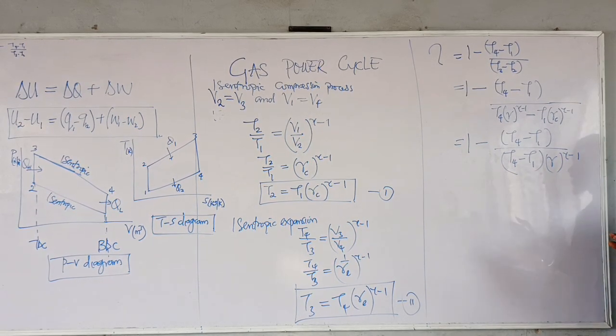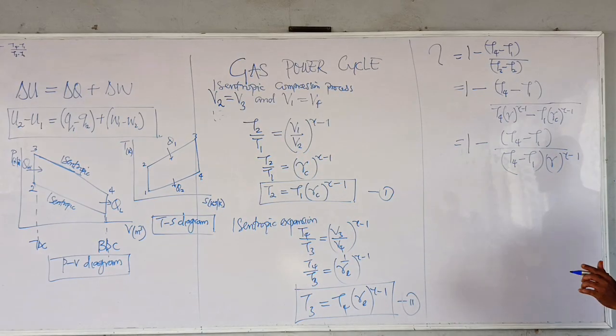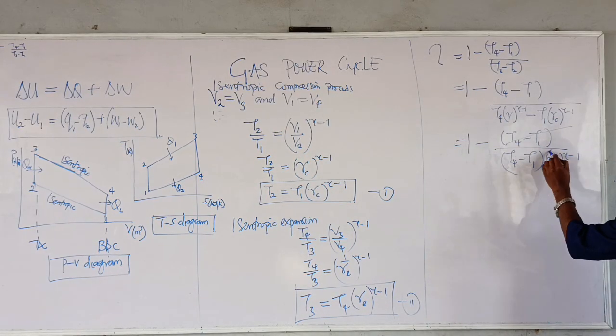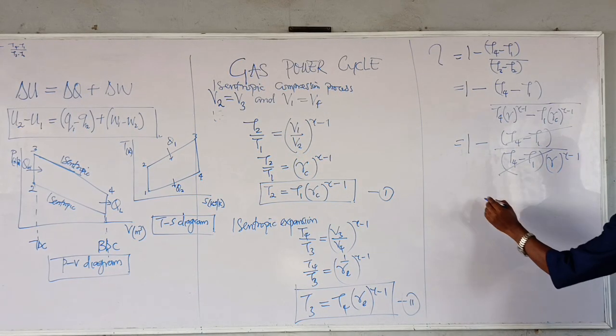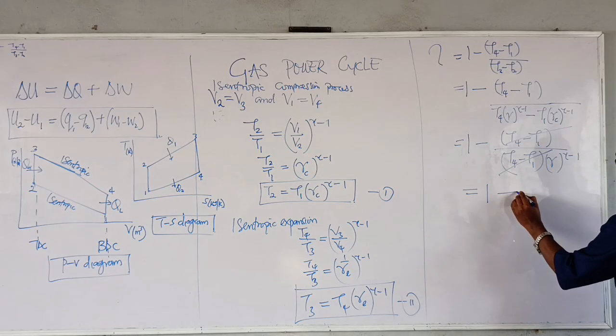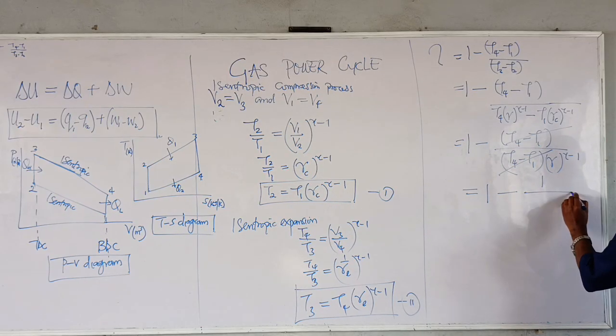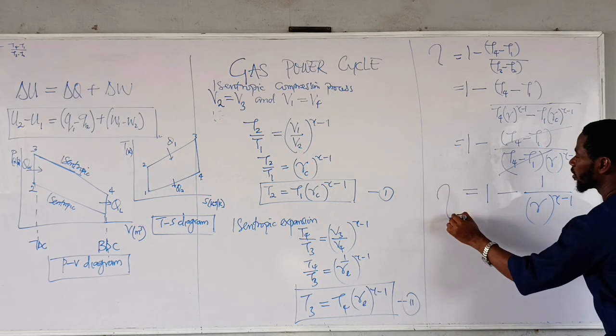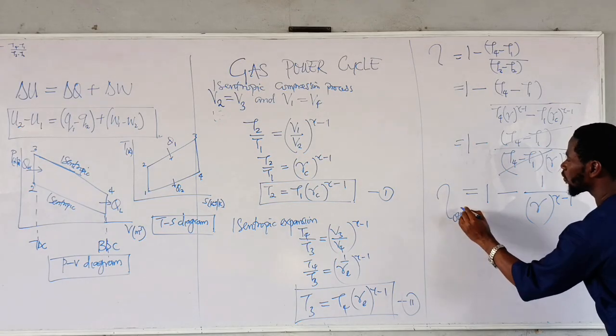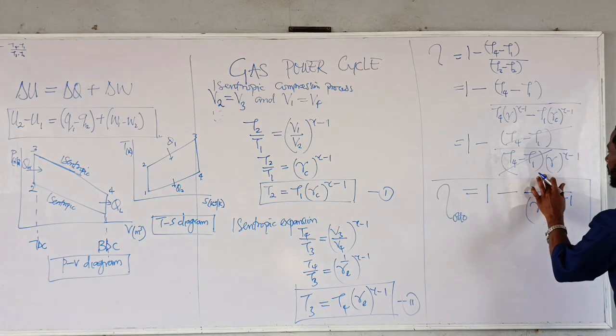I don't know whether I'm making sense. So something can go; this can cancel out. So the thermal efficiency now becomes 1 minus 1 over the compression ratio raised to the power of gamma minus 1. So this is the Otto cycle efficiency.